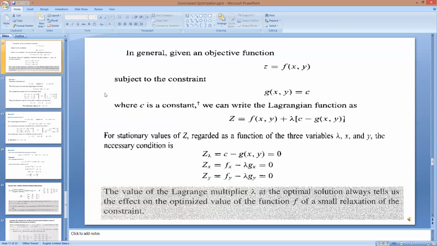Ma'am, when we have to find gx and gy for the bordered Hessian, for that we differentiate the part within the bracket, right? We don't take the lambda. We just take the minus gx or whatever that is. Ma'am, could you go through a particular example of this?